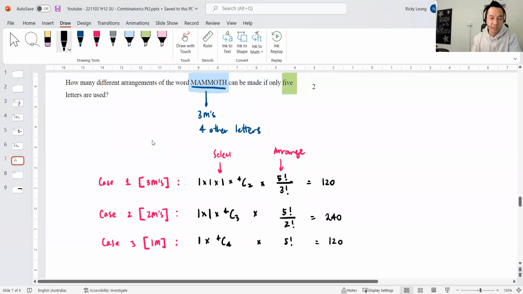Now we don't need to consider a case where there are no M's because I can't make 5 letters, I only have 4 other letters. So each of the 5-letter words has to have at least one M. But there you go. So within these cases, if I add them, what's that, 2480? That's how I do it.